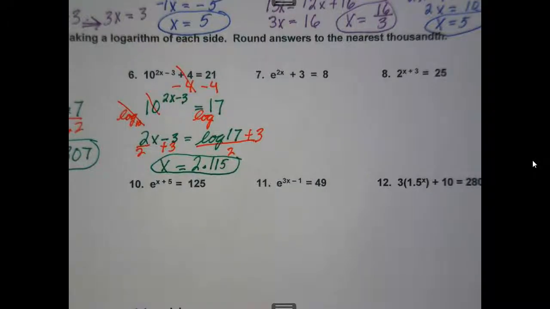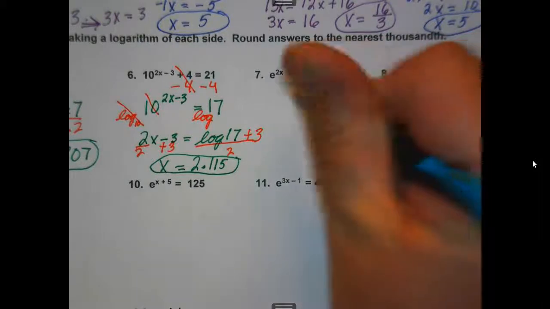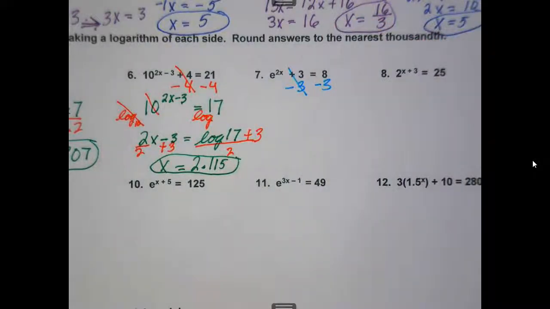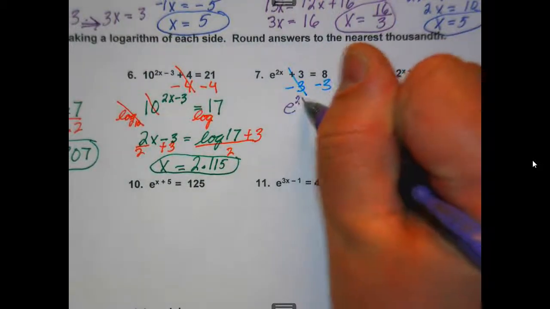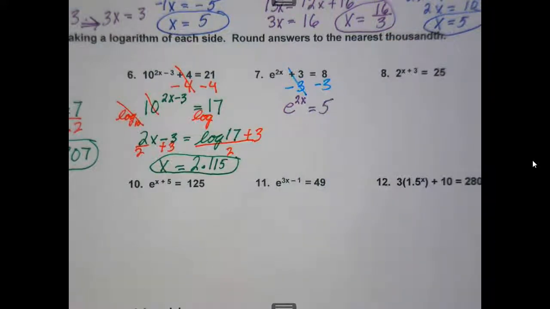All right, let's do number 7. What do I do first? Subtract 3 from both sides. So I get e to the 2x equals 5. How do I get rid of the base e?